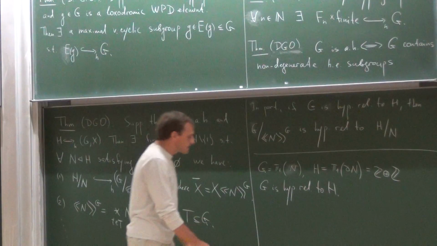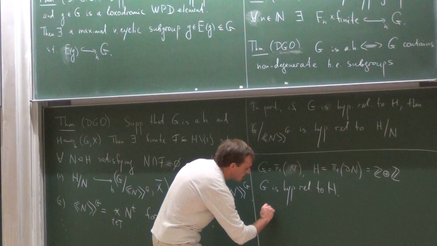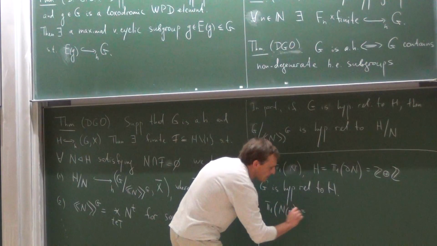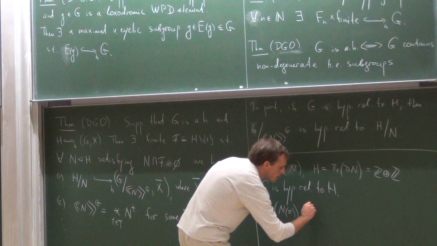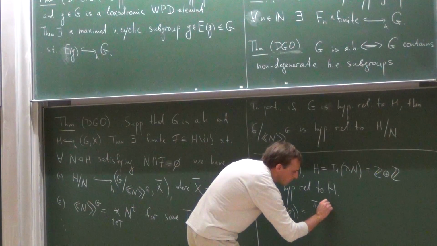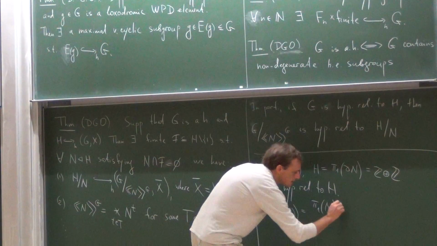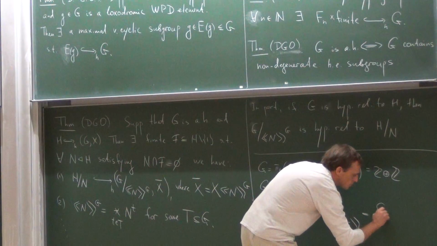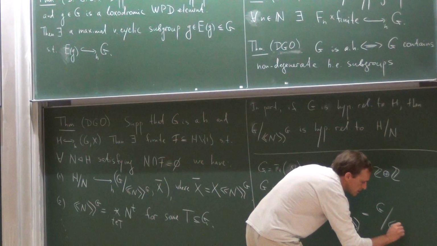Now what my theorem says, so remember, pi_1(M)(sigma) is the quotient group of pi_1(M) modulo the normal closure of sigma, which is G modulo the normal closure of sigma.